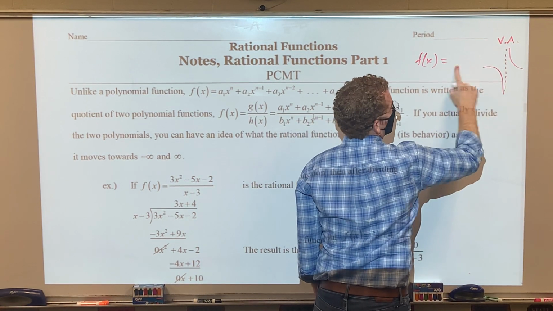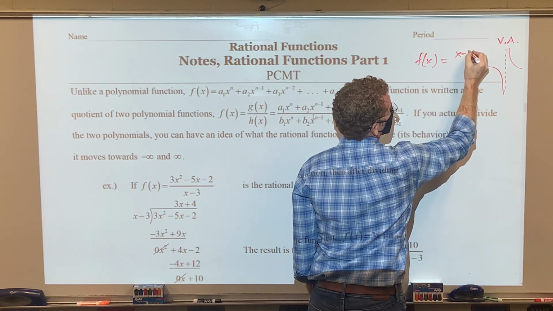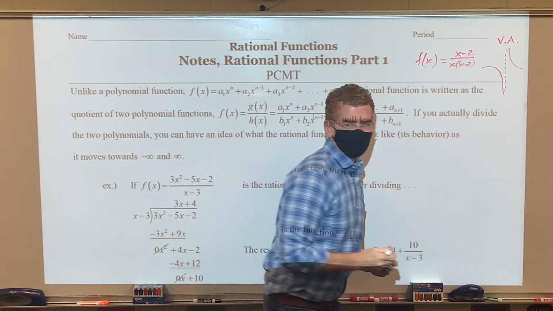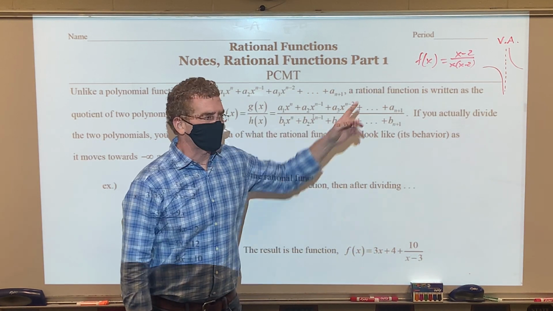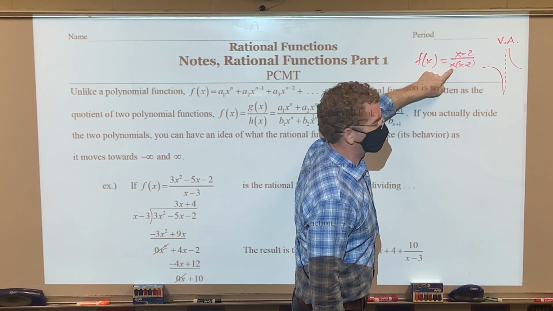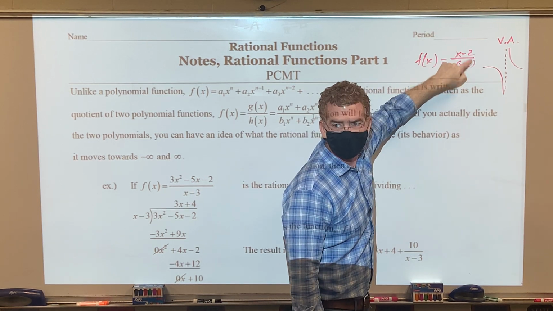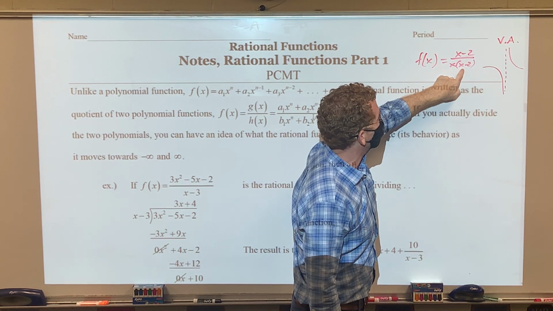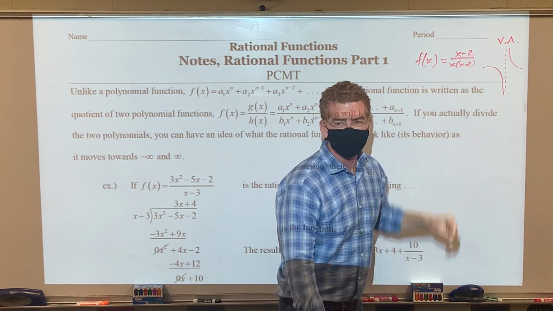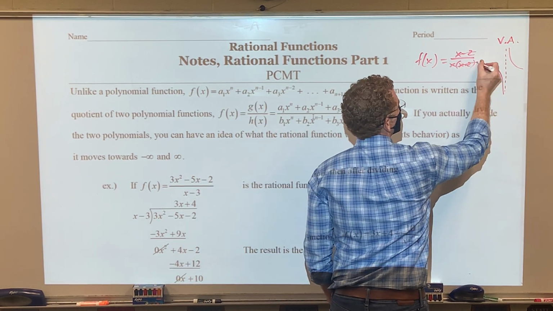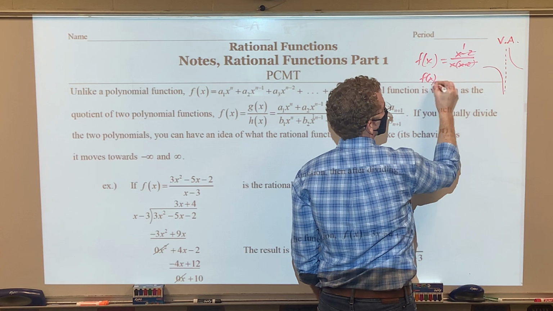Well, what if I had a graph that looked something like this? Now I've got a spot in the graph where if I plug 0 in, it's undefined, but also if I plug 2 in, it's undefined. Do you see that? But when I plug 2 in there, I'm not going to get a vertical asymptote because technically these cancel.